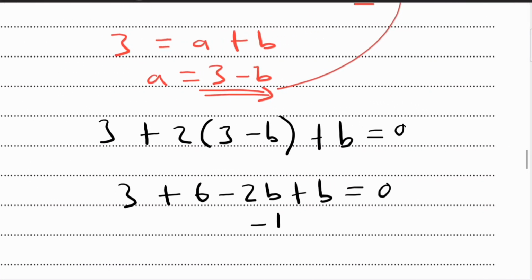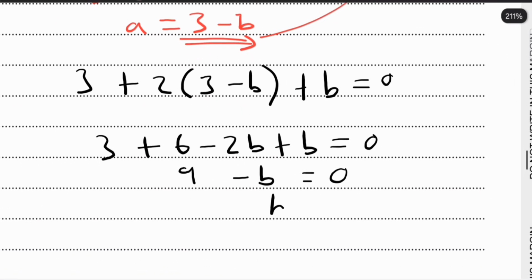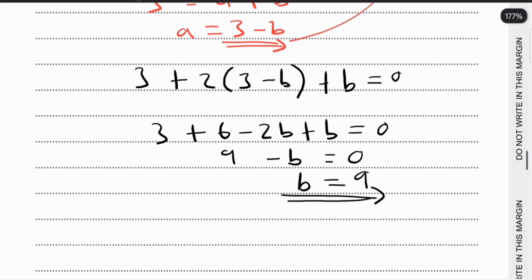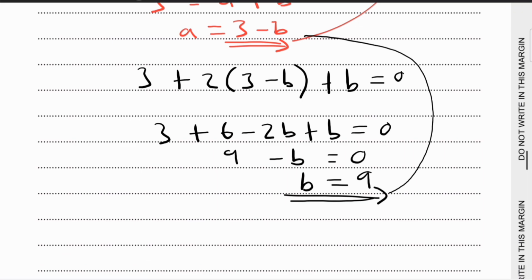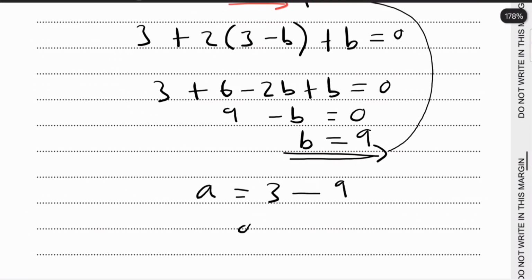So this will give us 9 minus b equals 0, and our b equals 9. And so now to get a, we're just going to substitute b into this equation. So a equals 3 minus b, which is 3 minus 9. So our a is minus 6.